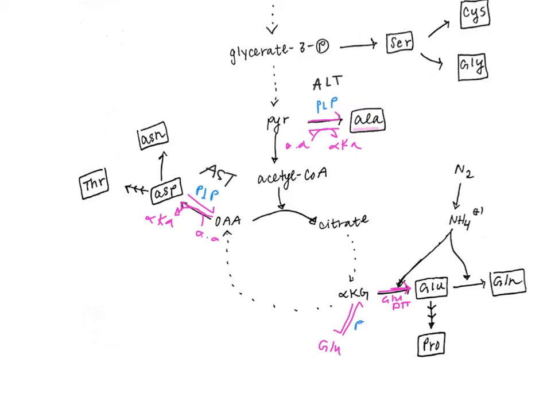Also requires PLP, and also requires the input of an amino acid to get an alpha keto acid. Many ways to make glutamic acid. All right, those were our 3 transaminase reactions.